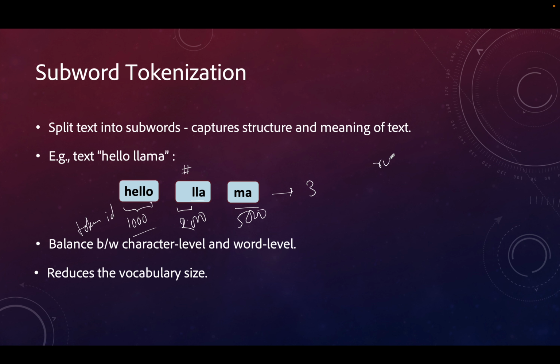So if we have run, runs, running, and many of those other words, so running may be broken into run and n maybe, and then ing or something like that. So many of the verbs which end with ing can be broken into that verb and this ing. So this ing will appear only once in the vocabulary.